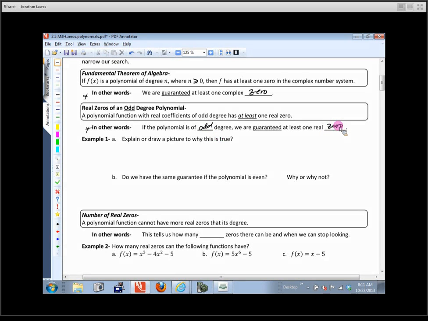Absolutely guaranteed one real zero. Now, remember what a zero is. A zero is a solution, or a root is another word, or graphically speaking, it's the x-intercept. So think about why that is. If I have an odd degree polynomial, why am I guaranteed at least one real zero? Why am I guaranteed at least one x-intercept?